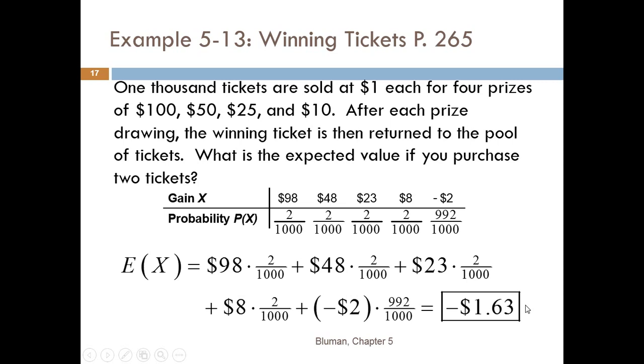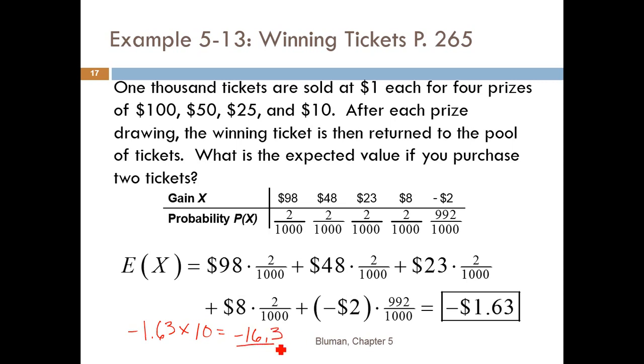So let's say they run this game and 10 people come and play this game this way. What should the owners of this expect to have made so far? Well, if each person is losing $1.63 and there are 10 people who have played that, that's negative 16.3.